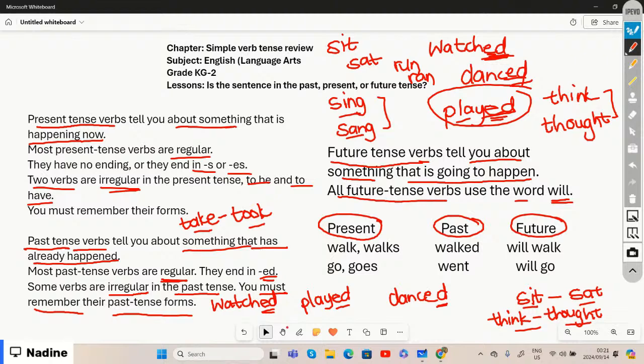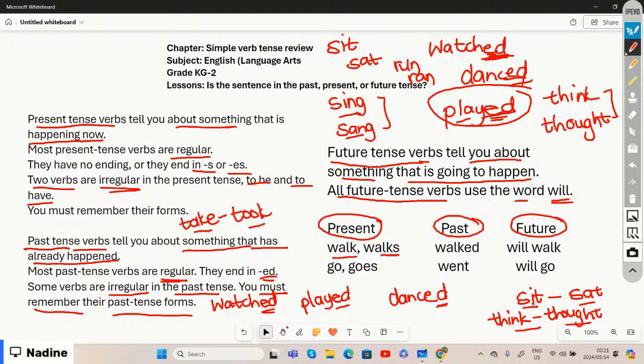If I'm going to look at the first word that I see, Elizabeth. If we say that Elizabeth walks to school, remember, if you make mention of one person, we say the person walks. If we say more than one person, then we say walk.